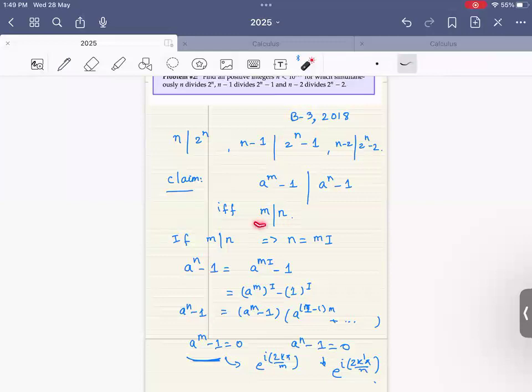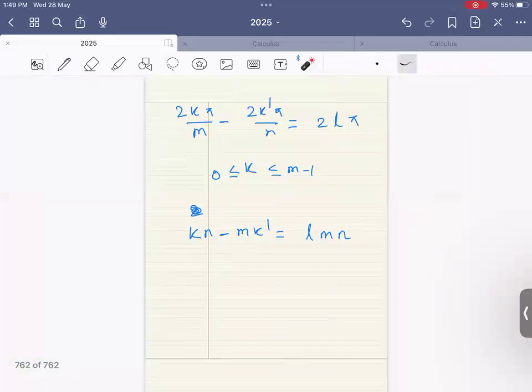Because n has to be greater than m anyway. So you can argue that this number will be divisible by that prime, this will be divisible by that prime, but this wouldn't be divisible by that prime, because if you were to pick the value of k which is less than that prime, this is not going to work, right? So a contradiction, which means that m should divide n.